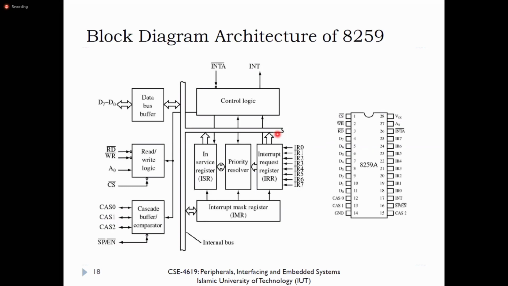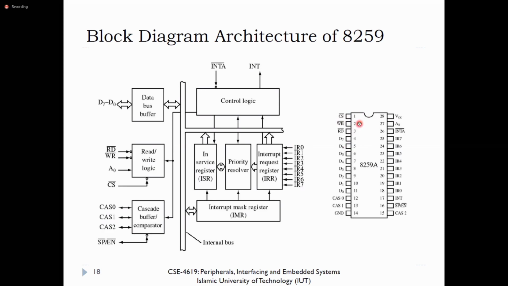Today I will talk in a bit more detail about the block diagram and pin diagram. In this block diagram architecture of the 8259, on the left side we have the block diagram, and on the right side we have the pin diagram. In the pin diagram we have the 8-bit data bus D0 up to D7, and also the chip select.